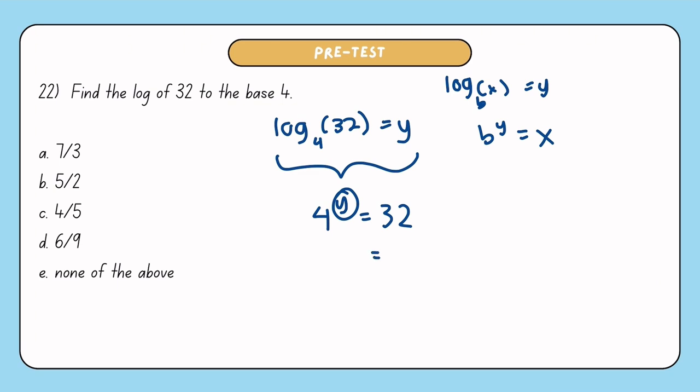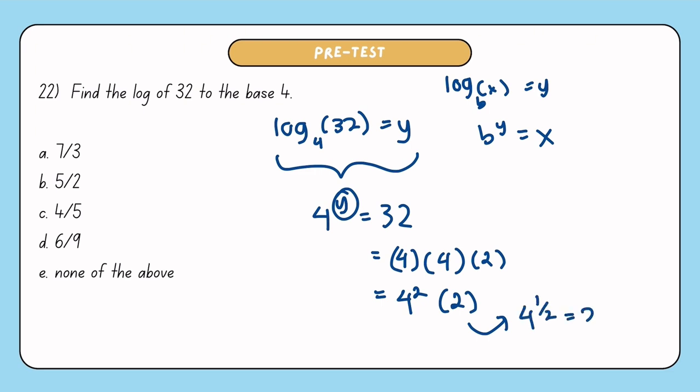So, 32 can be written as 16 times 2 or 4 times 4 times 2. So, meron na tayong 4 squared times 2. And, paano natin makukuha yung 4 from this? Let's recall that 4 raised to 1 half equals 2. Or, the square root of 4 equals 2.